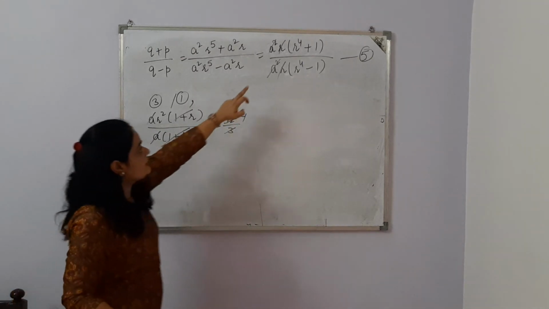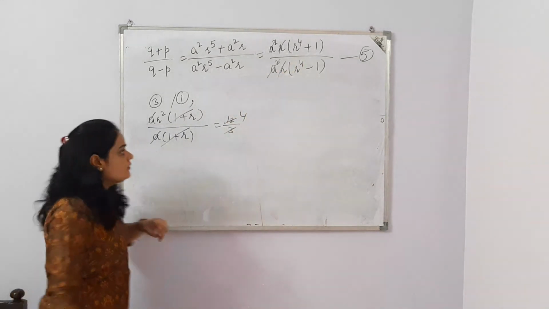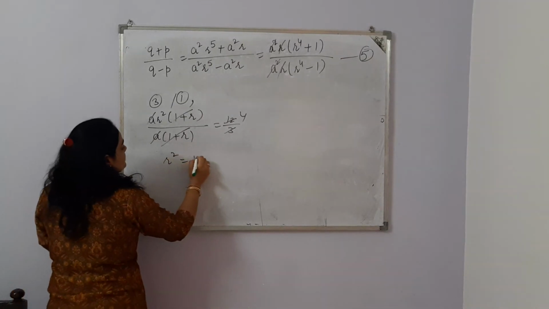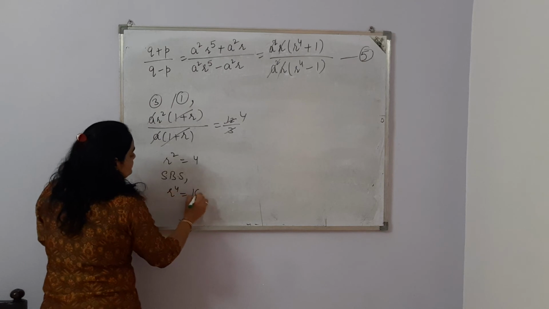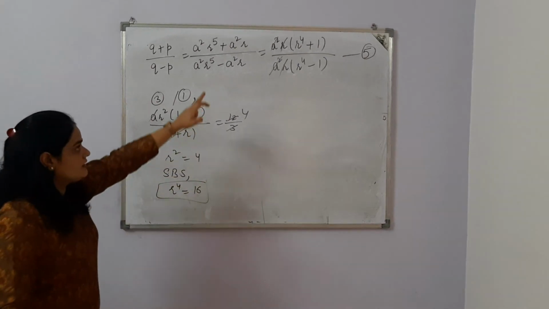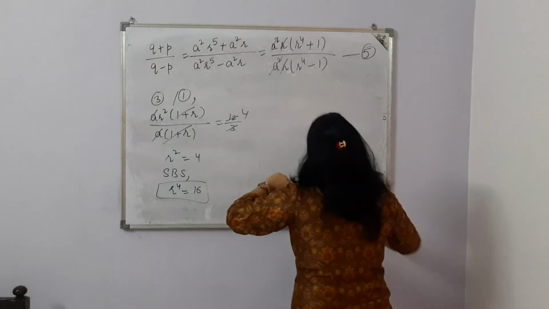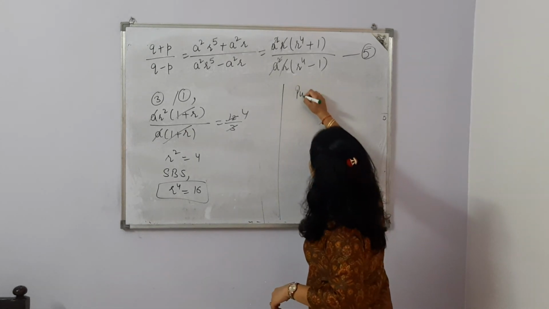We need the value of R raised to power 4. So if R square is equal to 4, squaring both sides, R raised to power 4 is equal to 16. Can I substitute the value of R raised to power 4 in the fifth equation?